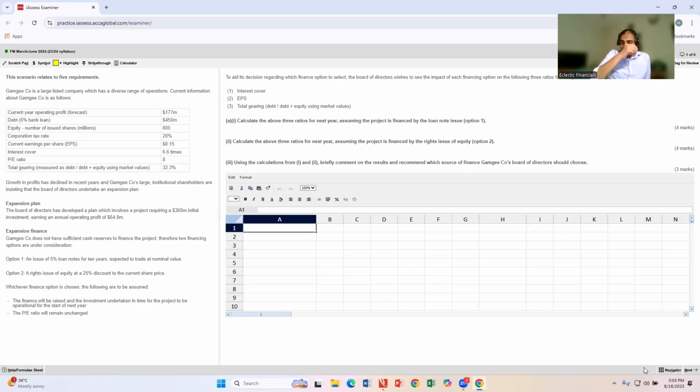Number two, the second important thing: once you plan your question, start execution. You have to allocate the time for execution. Here, for a 20 marks question, 10 for theory and 10 for calculation, you have the remaining 28 minutes.